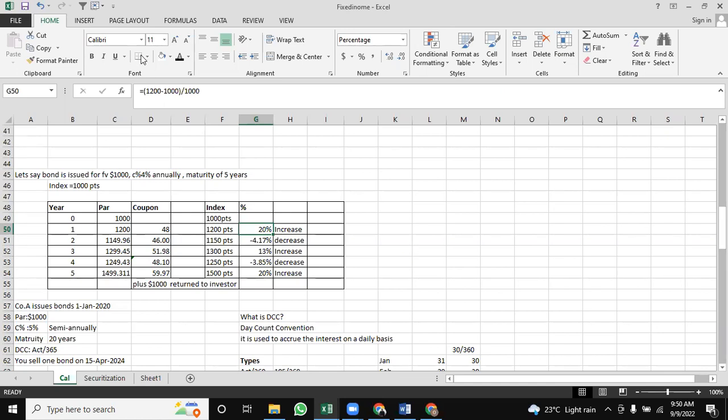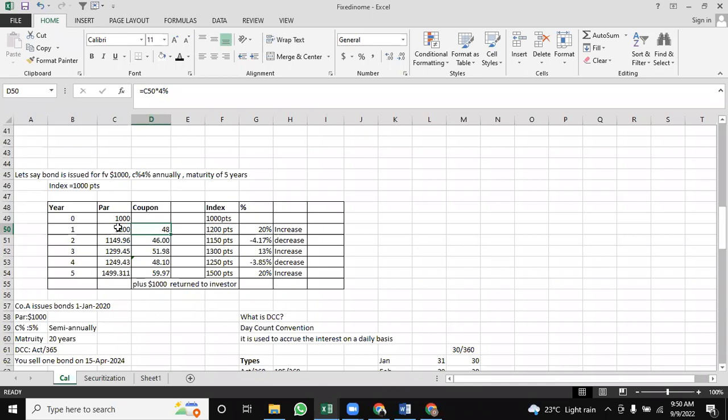So now your par also goes up by 20%, so it becomes 1200. Now you get 4% on 1200, which is 48 as coupon instead of 4% on 1000. Is this clear to everyone?